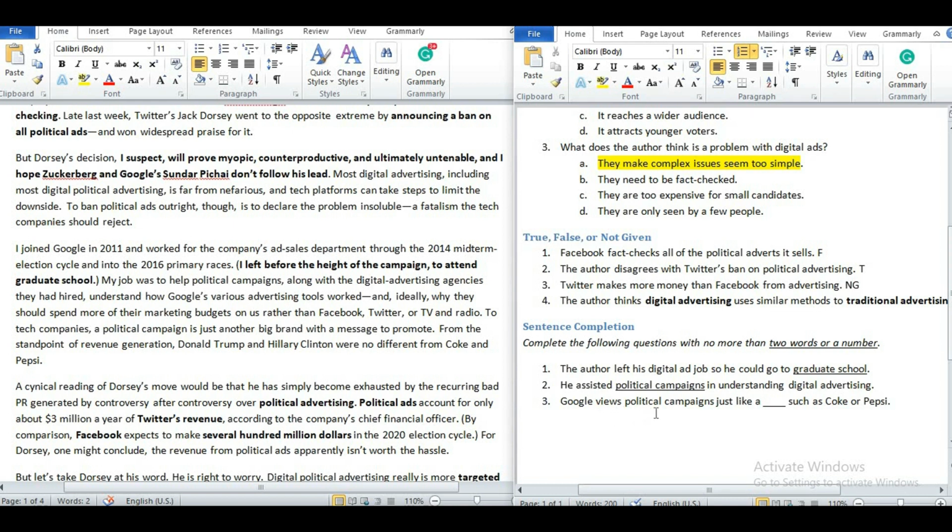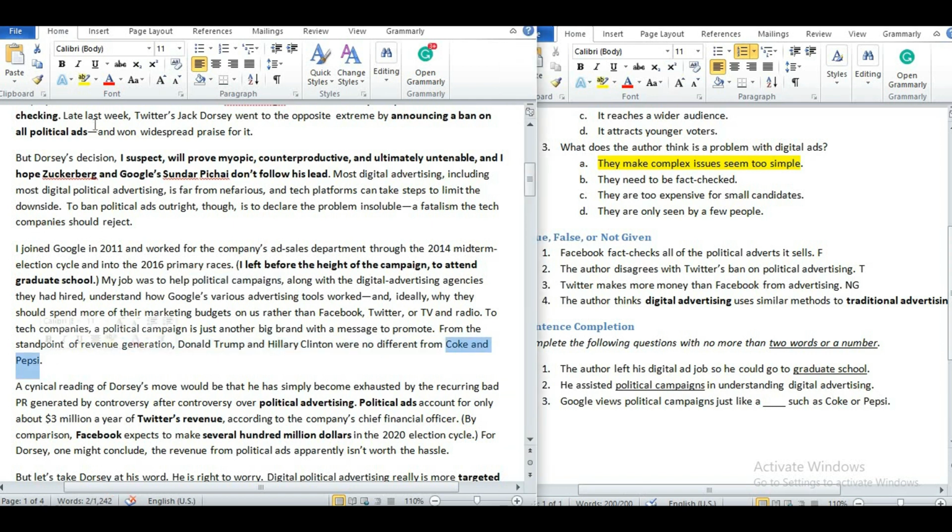Finally, Google views political campaigns like a blank such as Coke or Pepsi. So let's scan through for the rare words. So we've got Google and we know that we're still in the same paragraph then. Political campaigns, okay, but that's too common in this essay. So we'll look for the words Coke or Pepsi and we can see that down here.